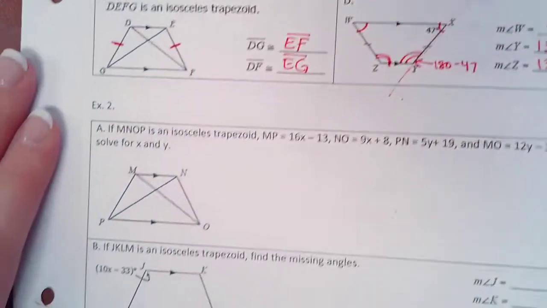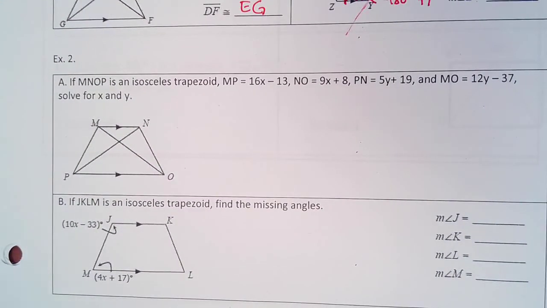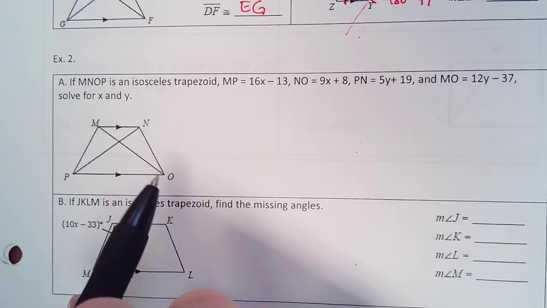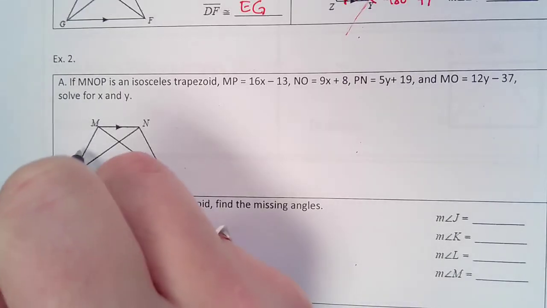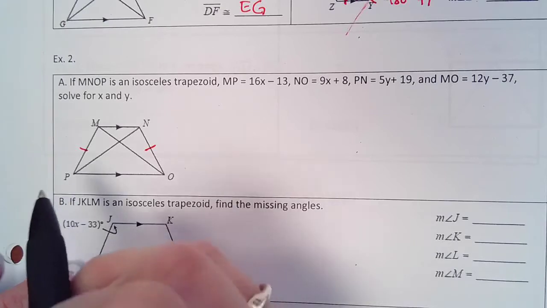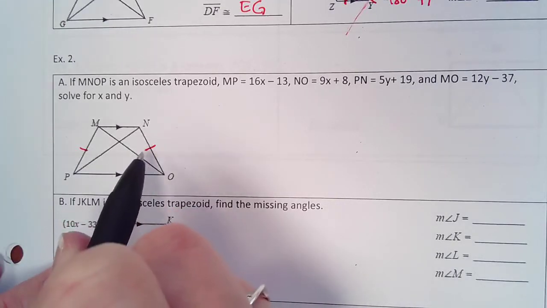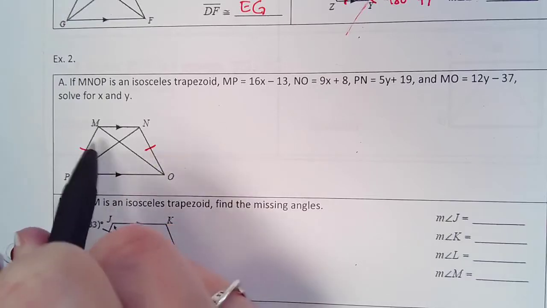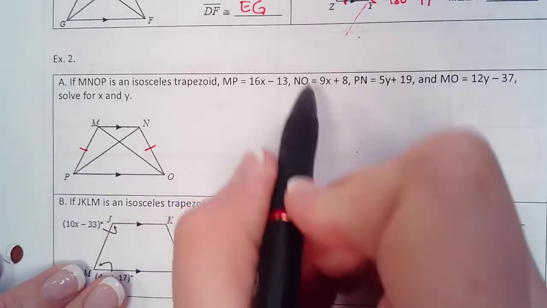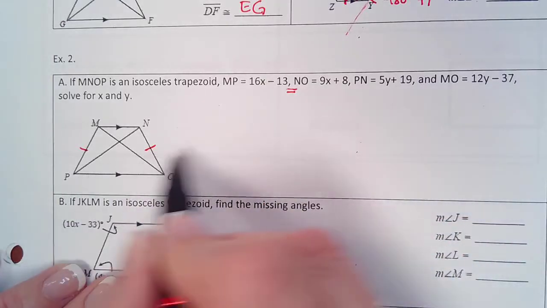Example 2. So let's throw some more algebra in. It says, if MNOP is an isosceles trapezoid, so that means this is congruent to this, MP is 16x minus 13, NO is 9x plus 8, so those things we know are congruent because they are legs.